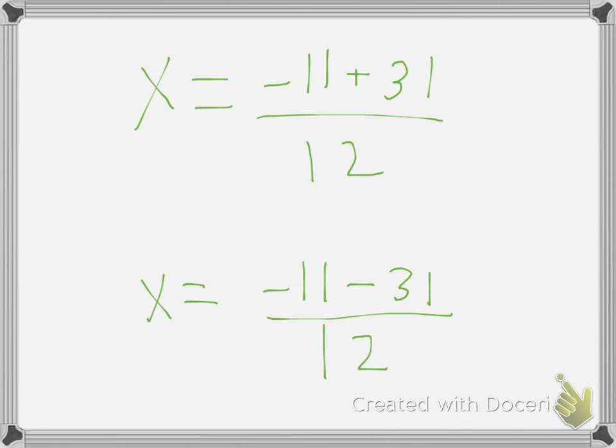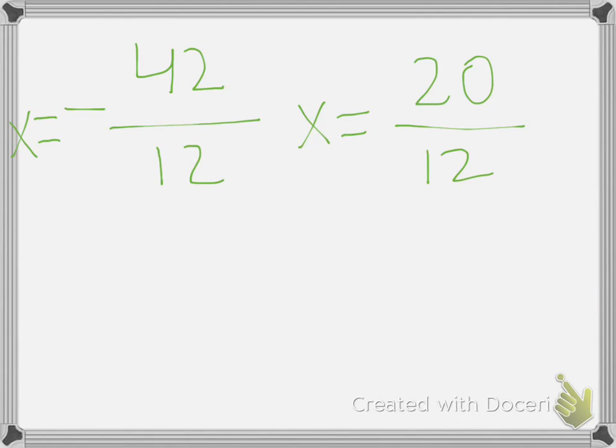For this problem, we're going to have negative 42 over 12, and for this problem, we're going to have 20 over 12. The last step is to simplify these into our solutions. So our two solutions that we have for this equation are x is equal to negative 7 over 2 and 5 over 3.